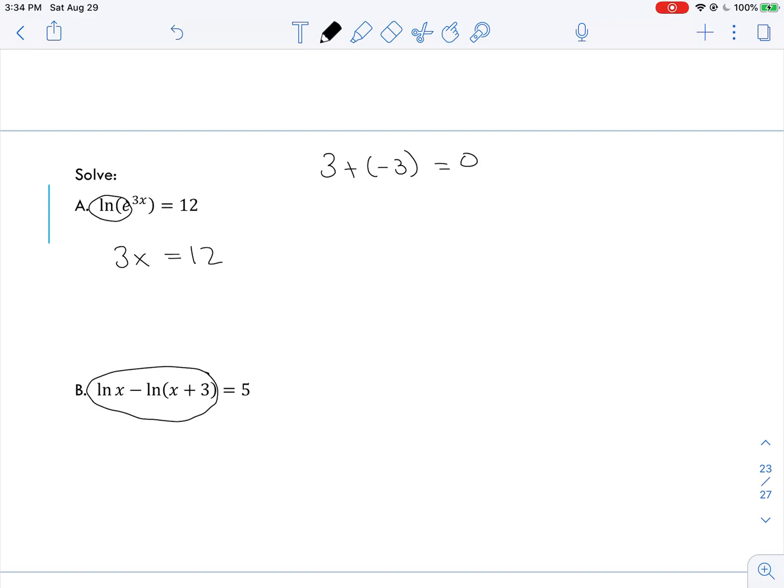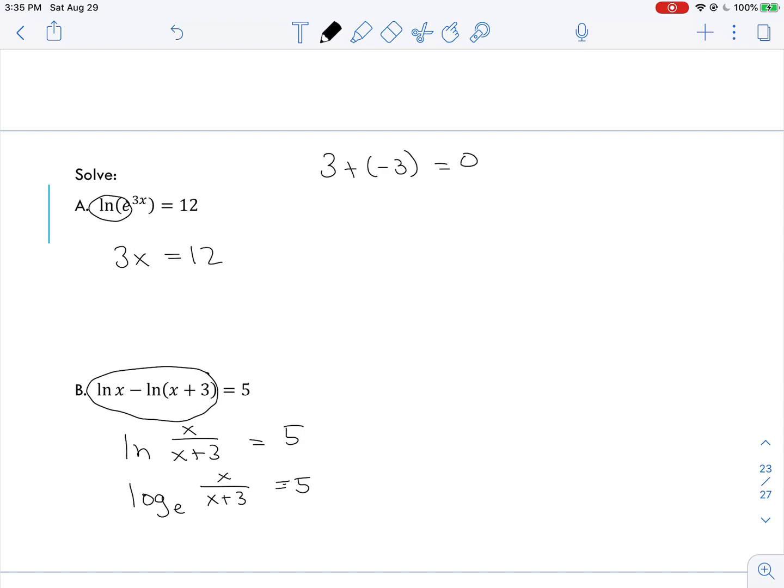Here's a log property we talked about before. I have two logs with the same base. They're both log base e's because they're natural logs, and I'm subtracting in the middle. You can rewrite them as a single log with division. So this is the same thing as the natural log of x divided by x plus 3 equals 5. And so this is the log base e of x over x plus 3 equals 5.